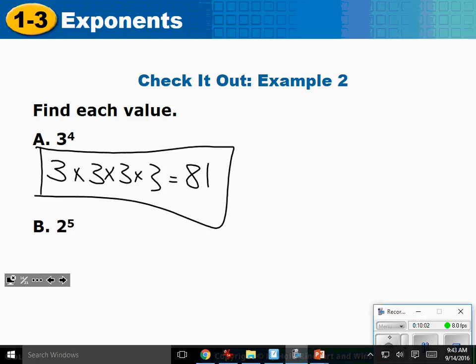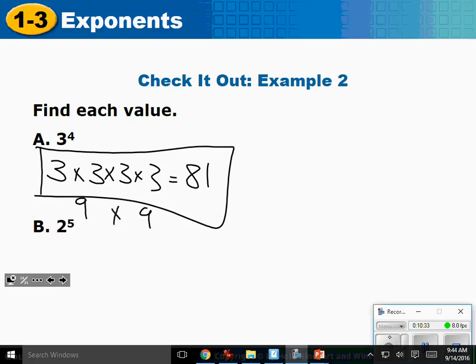With multiplication, one of the properties of multiplication says that we can change these around or we can group them and then multiply them. For those of you that did 3 times 3 is 9, times 3 is 27, and then you try to do 27 times 3 in your head, okay, that made things harder. 3 times 3 is 9. 3 times 3 is 9.